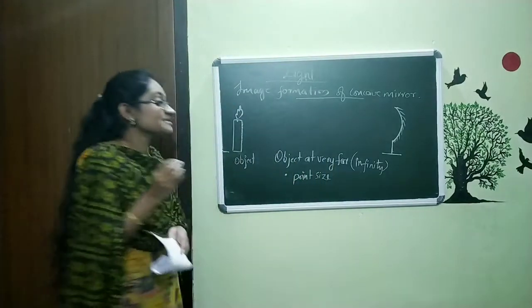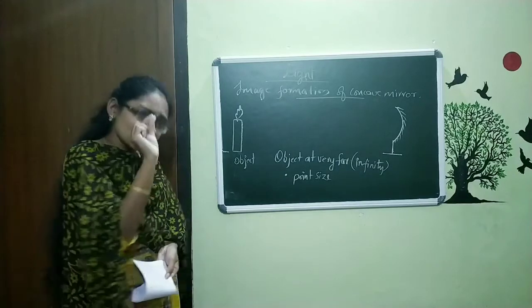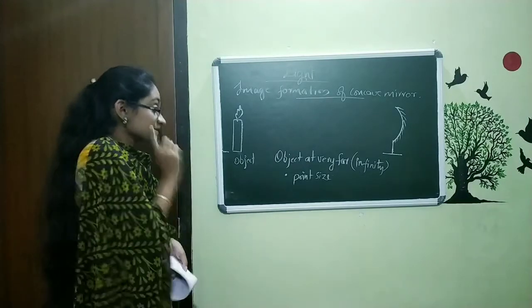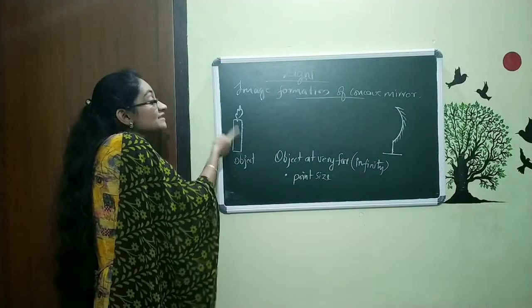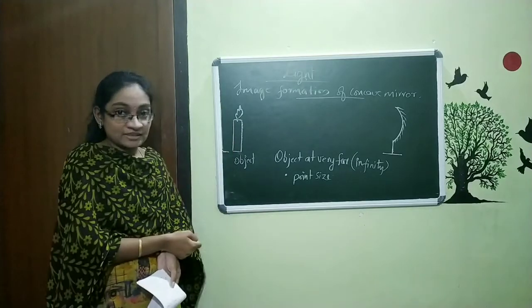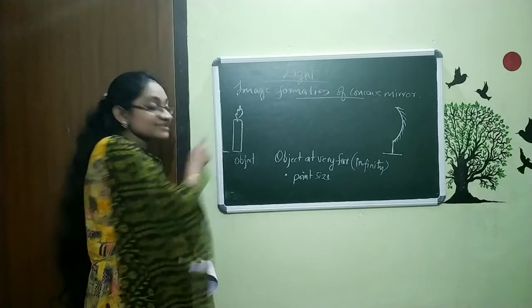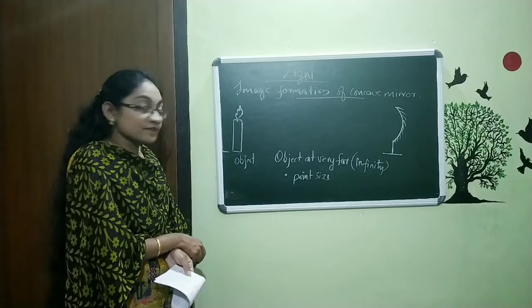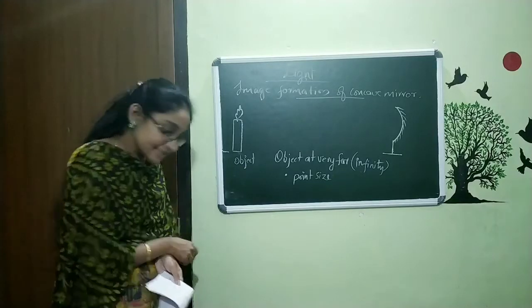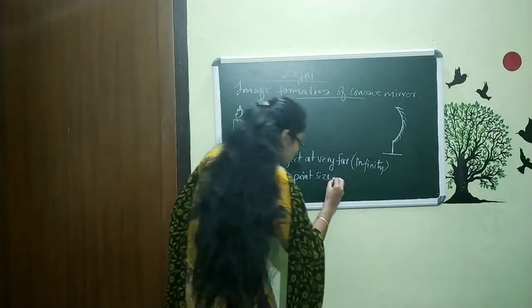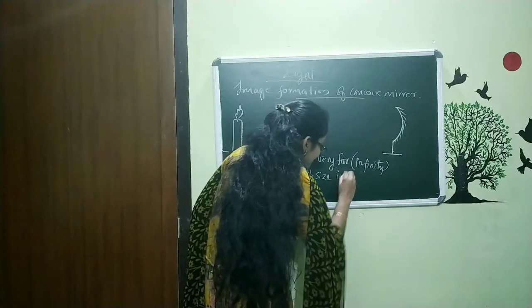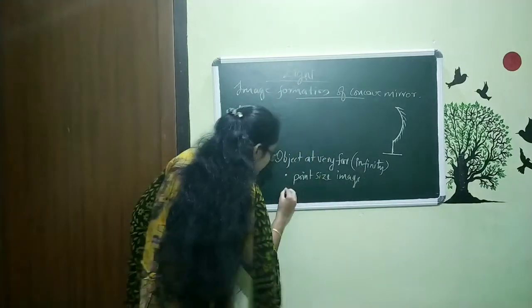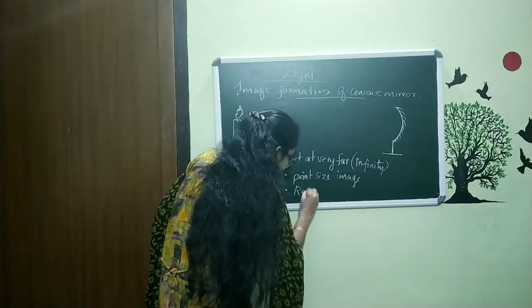You will get the image in point size, meaning very small. And you can focus that image on the screen. That means, what is the type of image? Is it real or virtual? It is real. Point size image, real image.